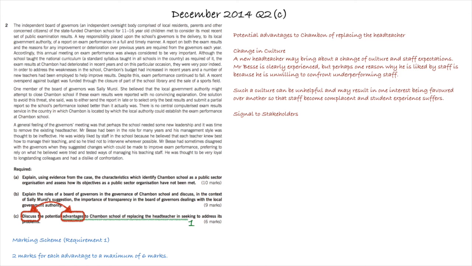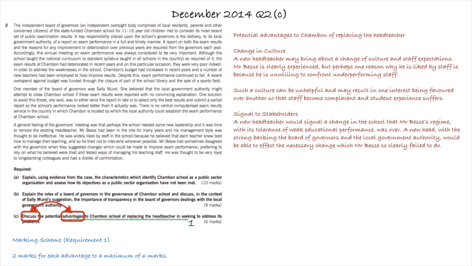The second heading here is sending a signal to stakeholders. A new head teacher would signal a change in the school, that Mr. Bess's regime with its tolerance of weak educational performance was over. A new head with the strong backing of the Board of Governance and local government authority would be able to effect the necessary change which he had failed to do.